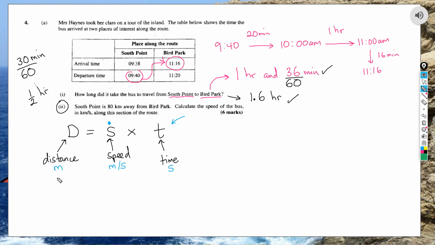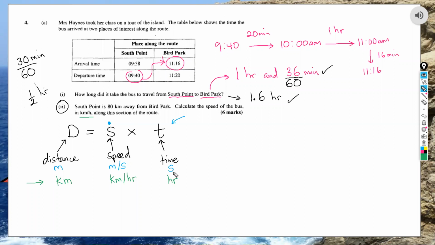So the other option is the distance could be measured in kilometers, the time could be measured in hours, and if we do that, the speed comes out in kilometers per hour. Now, you gotta be real careful. But in today's question, I believe we're using the green option because they ask us for the speed in kilometers per hour.